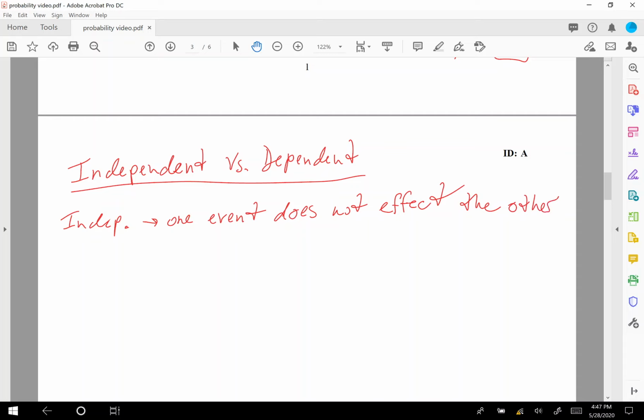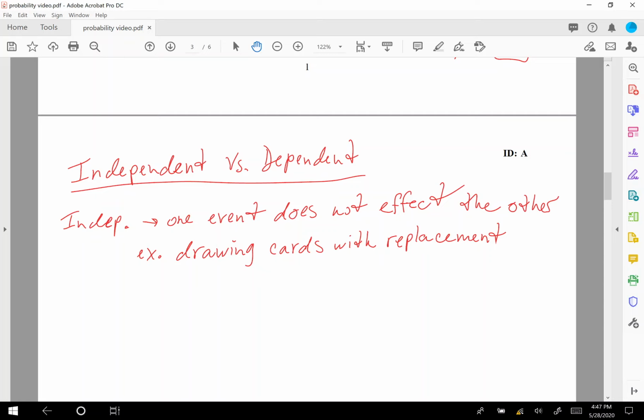An example would be drawing cards with replacement. If I took one card out and looked at it and then put it back in the deck and then drew another card, those would be independent events, because taking the one card out and putting it back doesn't affect the probability for the next card to be drawn.